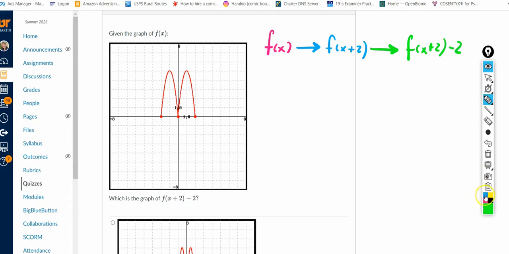Okay, so I'm starting with the red one. And how do I get this blue one? Well, x is being replaced inside the parentheses by x plus 2. And so by the chart, that's 2 to the left. I'm just going to do this freehand, but these 3 reference points are all going to be shifted 2 to the left.